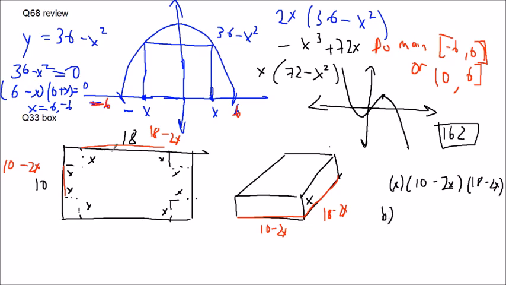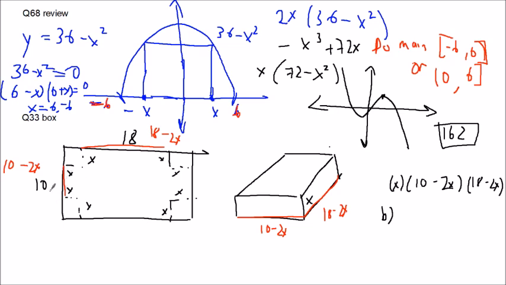Well, if you think about it, we're doing the relevant domain, right? So this box has 10 by 18 sides. If you cut any more than a certain amount, the box won't be a box anymore. It'll just kind of be like negative area, kind of like poof, right?